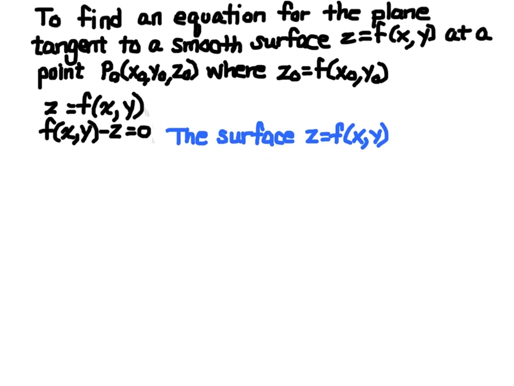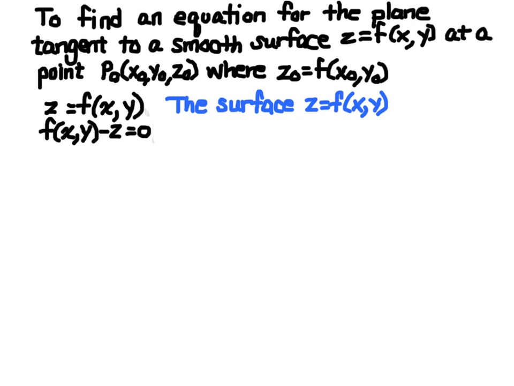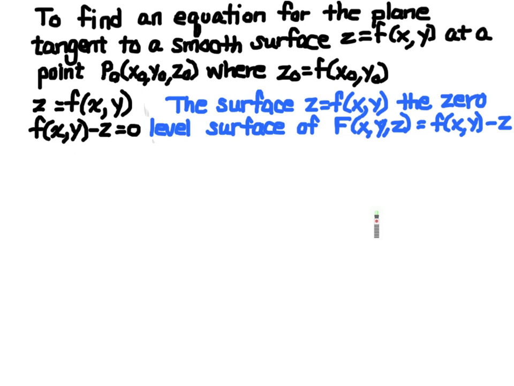This means that the surface z equal to f of xy is the zero level surface of the function big F of xyz, which is equal to f of xy minus z. So let's take the partial derivatives of big F.